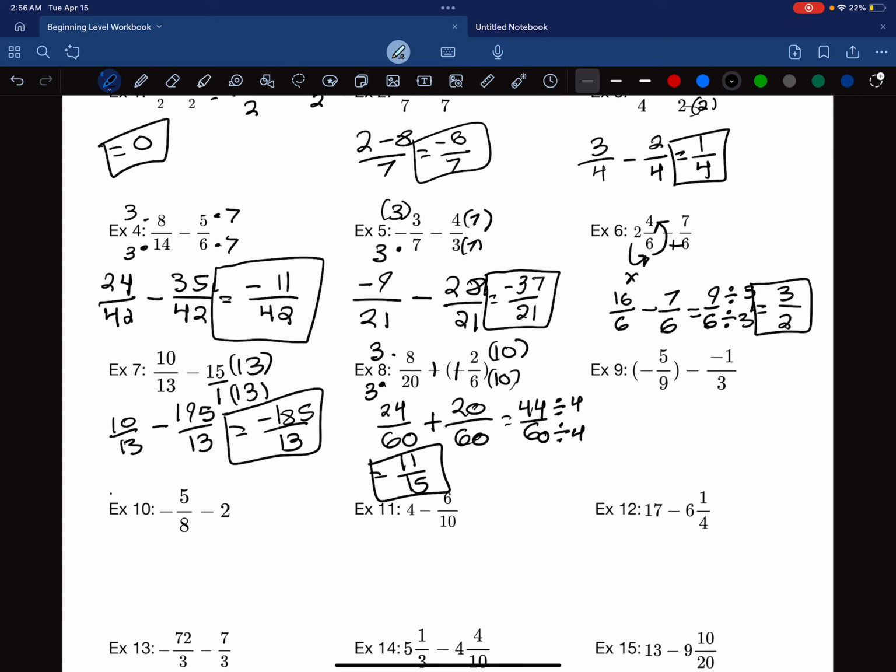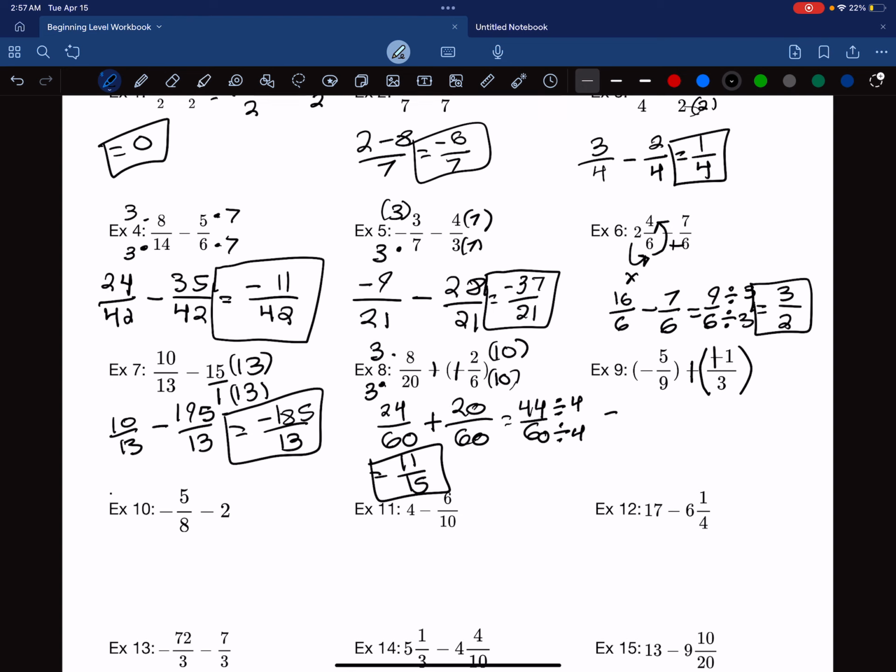So we have a negative, and then we're going to subtract another negative. So therefore, this actually becomes addition here. If this is confusing to you, remember negative 1 over 3 is the same thing as negative 1 over 3. Because this is a negative fraction and we're subtracting a negative fraction, this becomes addition, and this fraction becomes a positive.